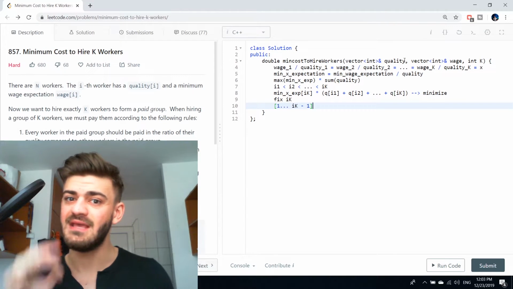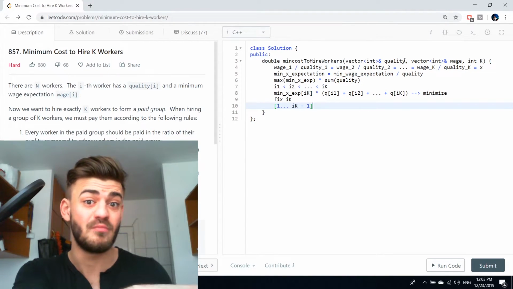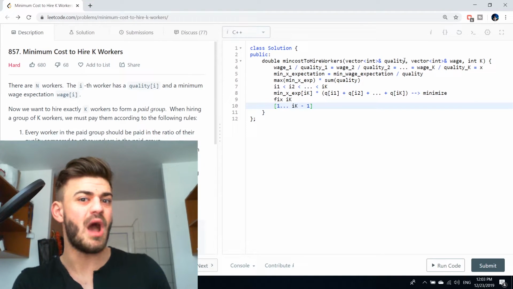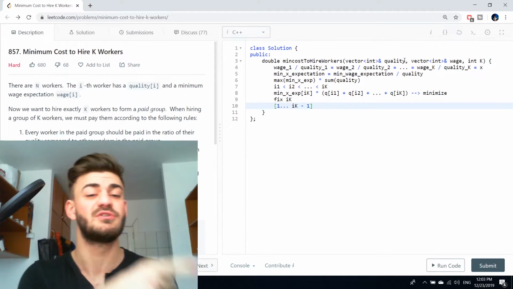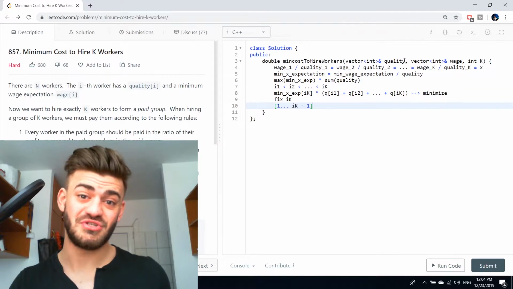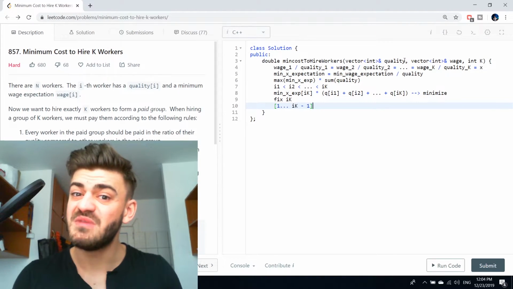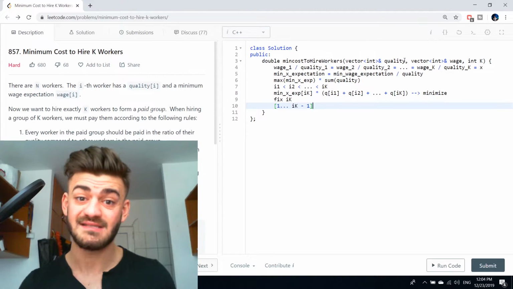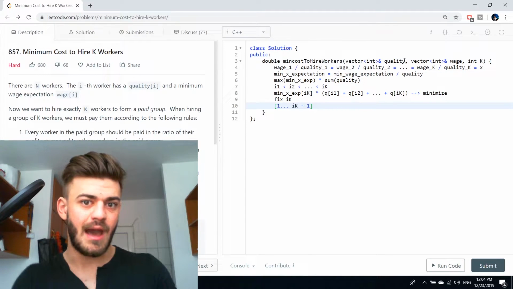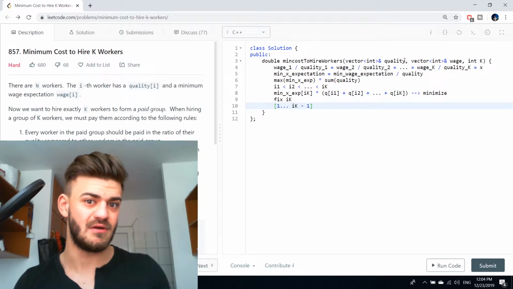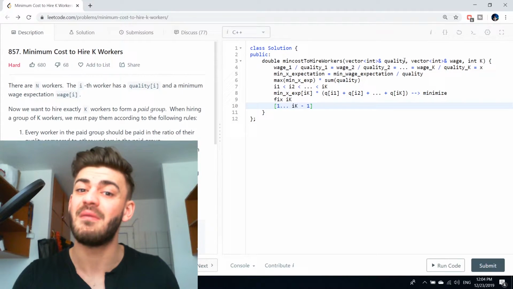If this quality is less than the maximum number from this set, I should remove that number and insert mine. So I'm going to need a data structure which holds for me those k-1 numbers, which allows me to know very fast what is the maximum number between those, allows me to remove it if necessary, and allows me to insert elements into it.